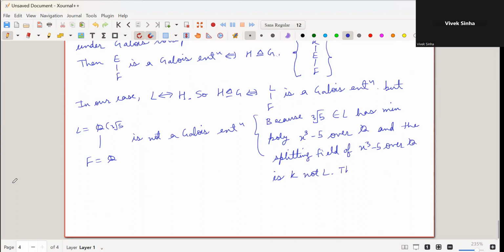Thus, L over F is not a normal extension. So if it is not a normal extension, it cannot be Galois, right? Because Galois means normal plus separable.